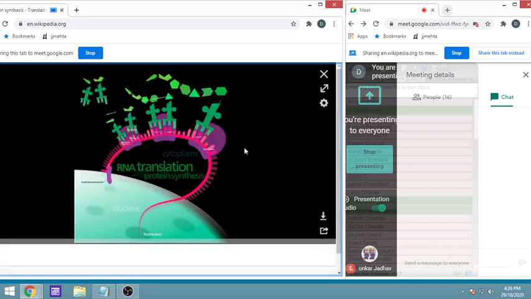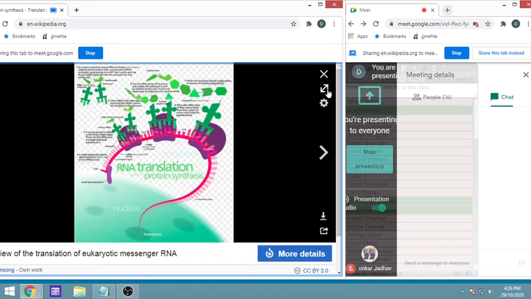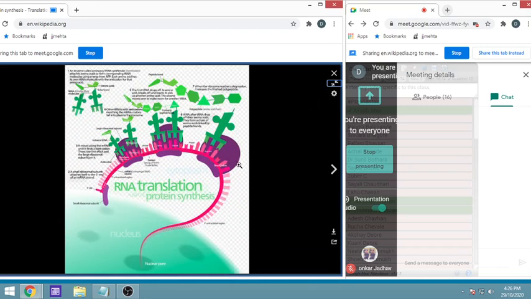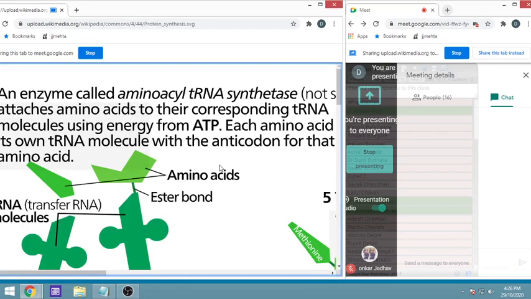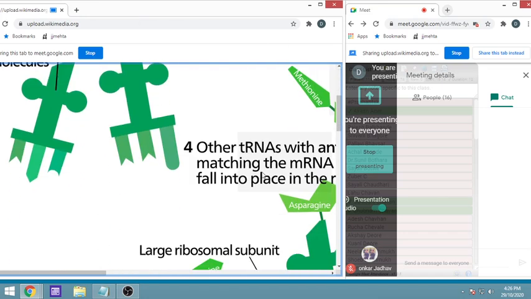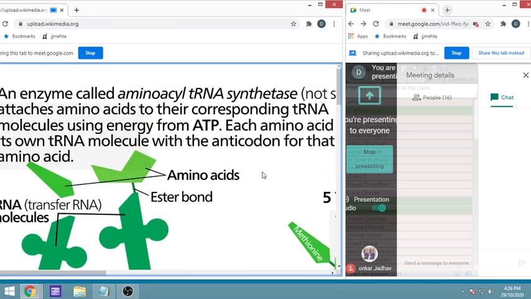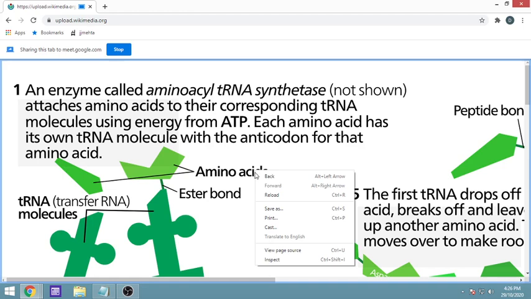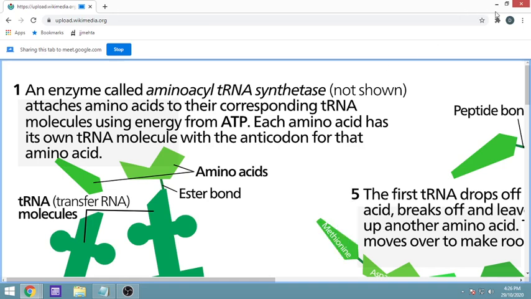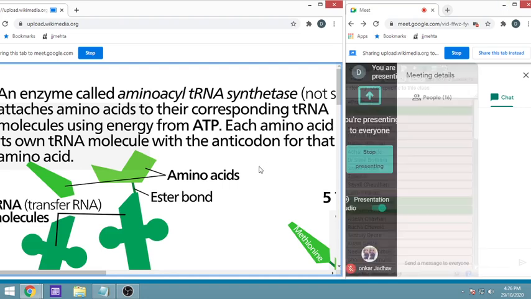Let us see this figure in more detail if possible, if it can be enlarged. Yes. So this is the enlarged one.